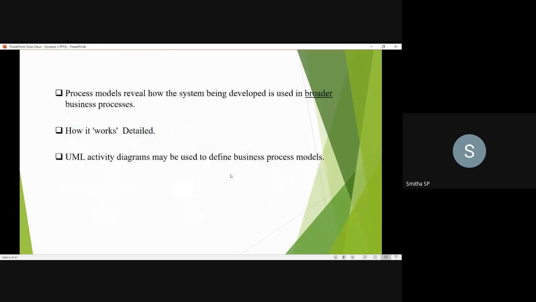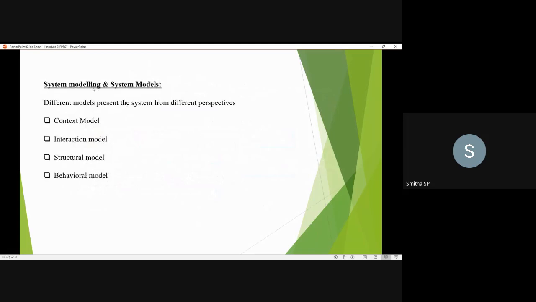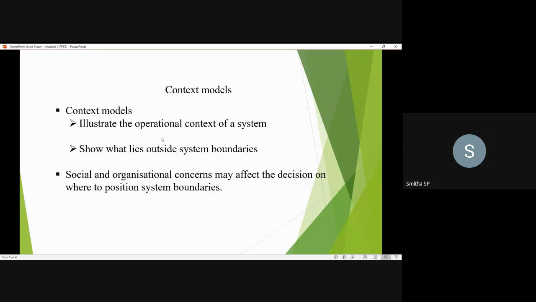So far we have discussed what system modeling is, what a system model is, and the different kinds of models. Until now we have discussed only the context model. It illustrates the operational context of a system and shows the system boundaries.